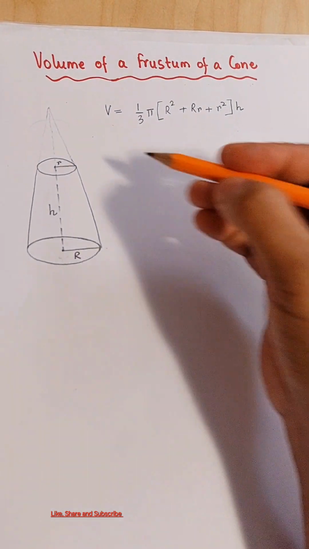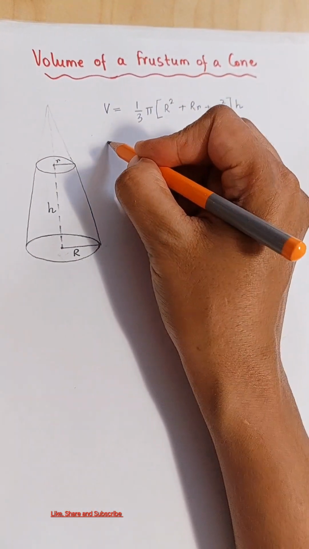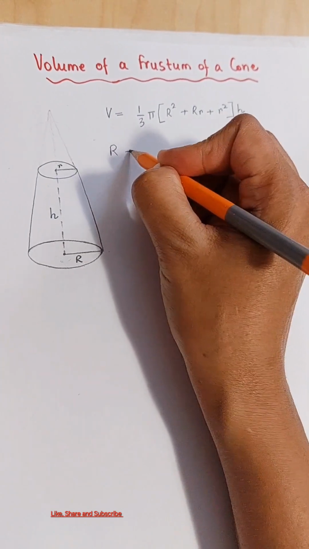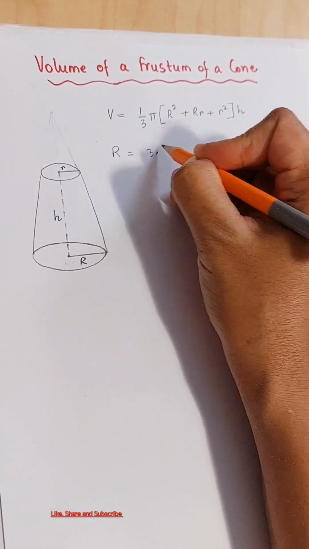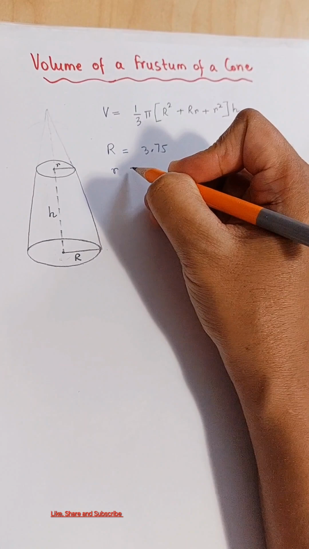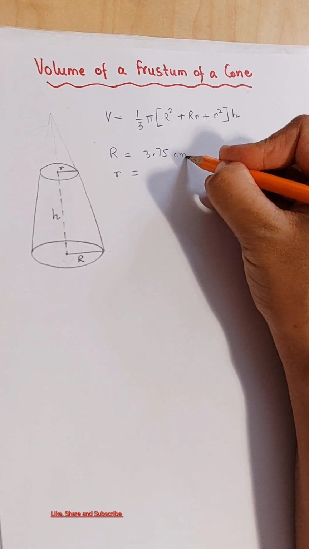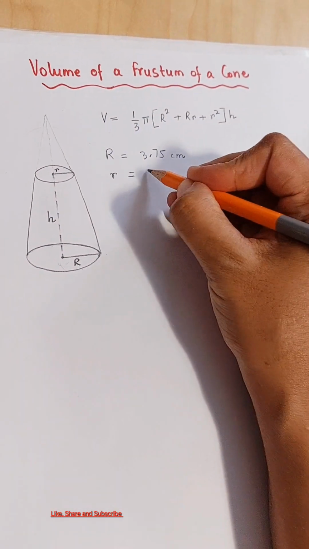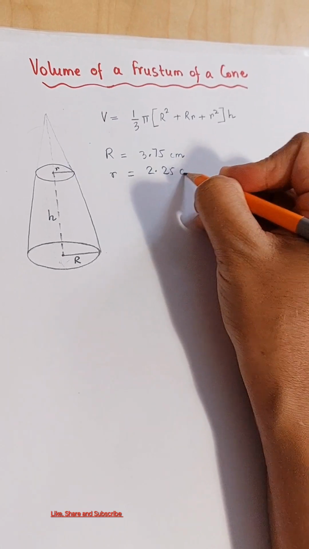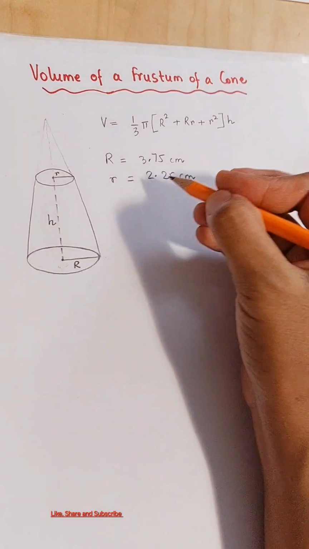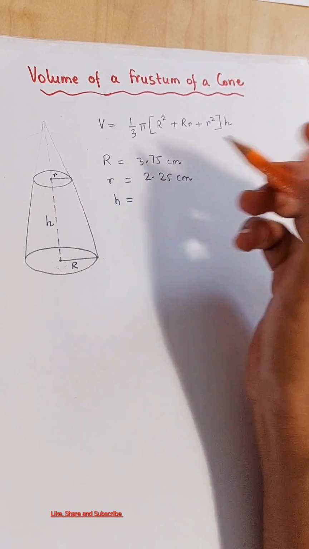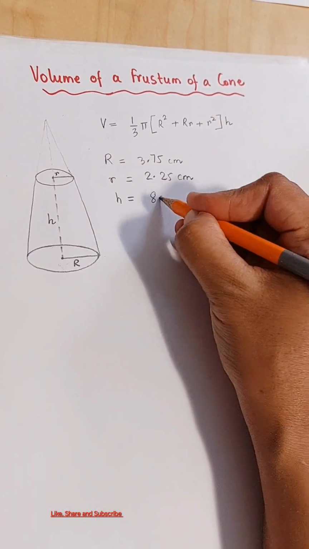So for our example here, if R is 3.75 centimeters and small r is 2.25 centimeters and h is maybe 8 centimeters.